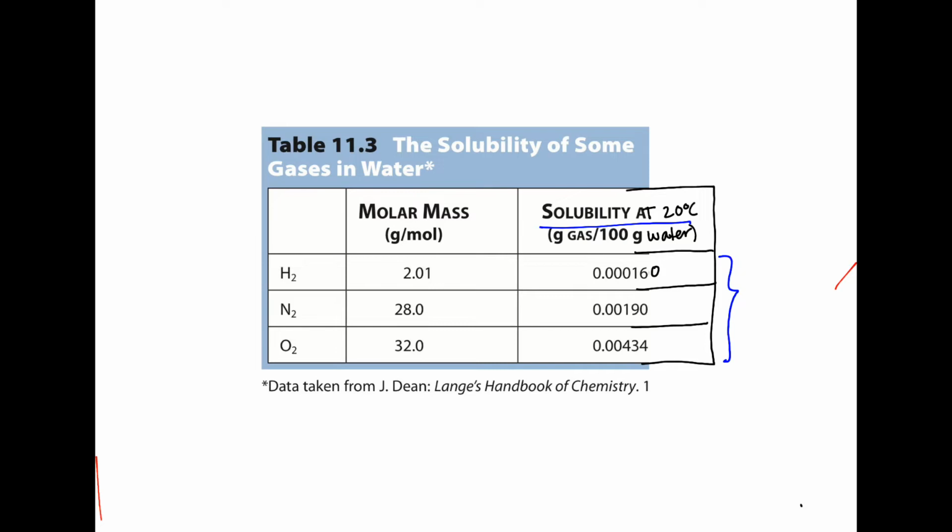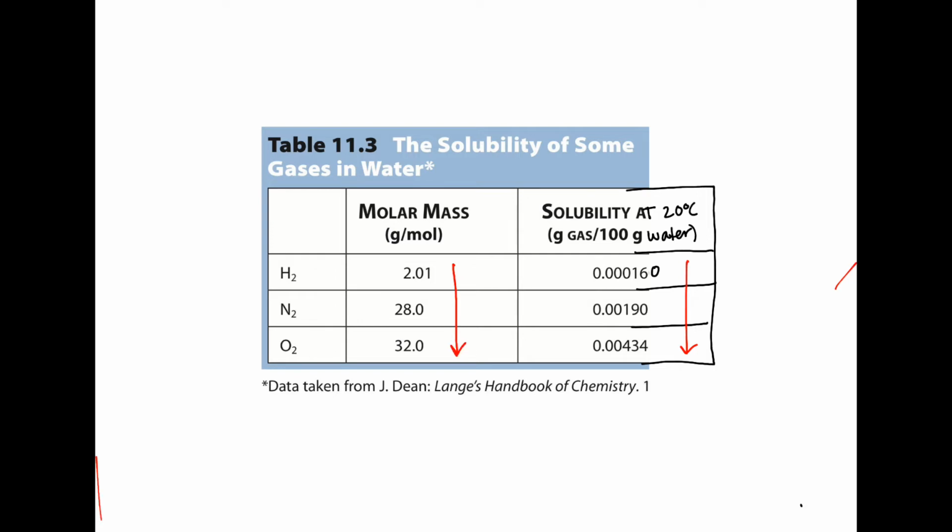And to me, the most interesting part is not that they are soluble, all of them seem soluble, but if we look at the trend, as we go down this chart, they become more soluble. And when we also look at the molar masses, we can see that the molar masses get bigger as you go down this chart.